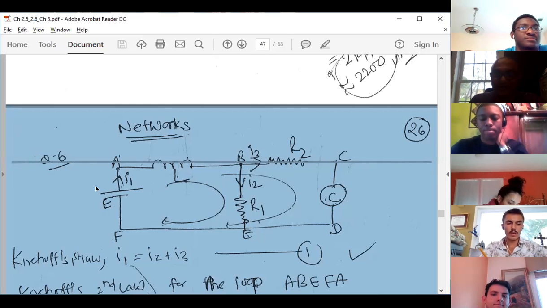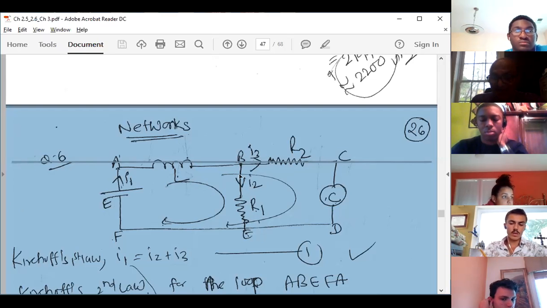Okay. Then the current passes through the resistance R. Usually it is R times I, but here my current is not I or I1. It is now I2 and the resistance is R1. So it is given by plus R1 times I2.